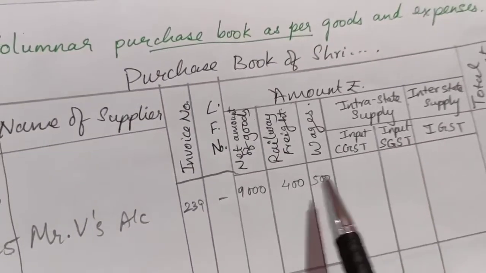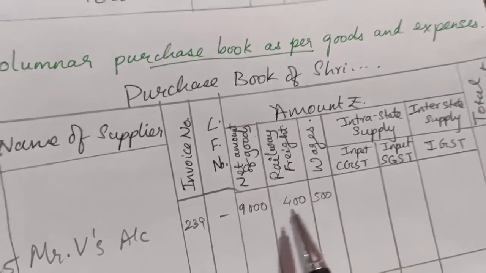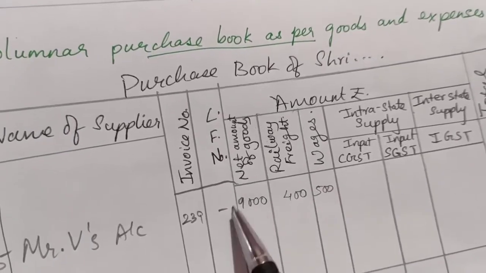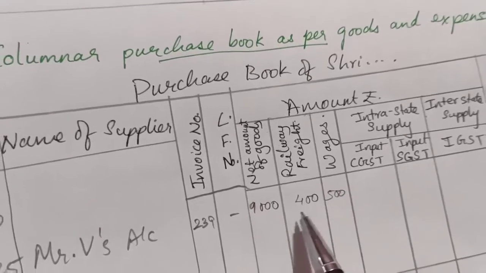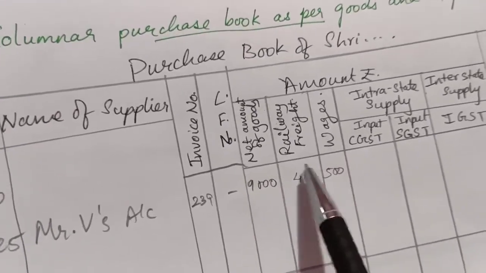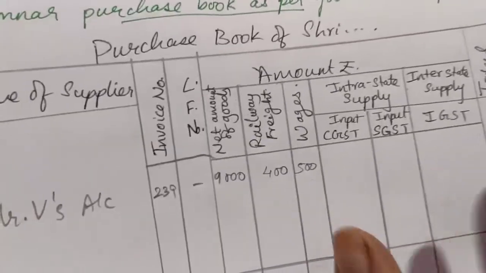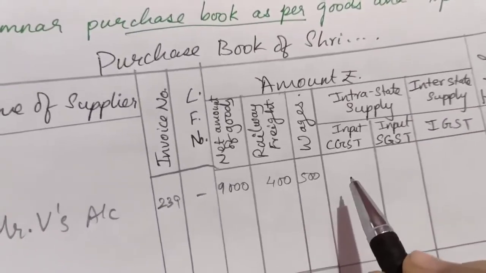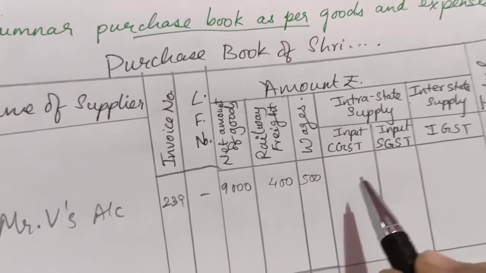After writing these amounts of railway freight and wages, we need to calculate on these three because this becomes the net value. The total amount of the goods purchased becomes 9,900 and on that we have to calculate the GST. So 6% of 9,900 will be 594 rupees.